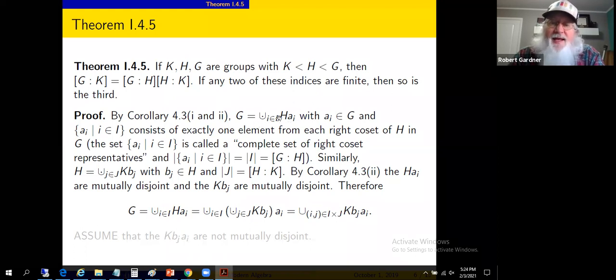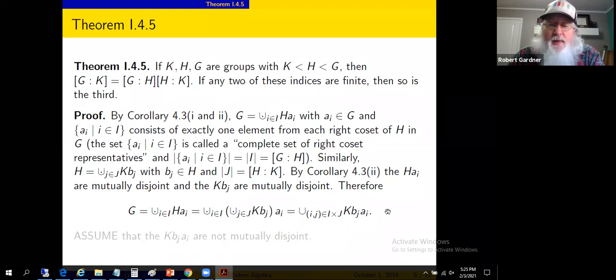We know this H itself can be written as a disjoint union of right cosets of K. So we get a disjoint union there as well. So all I did was replace the capital H with this little disjoint union here to produce this.